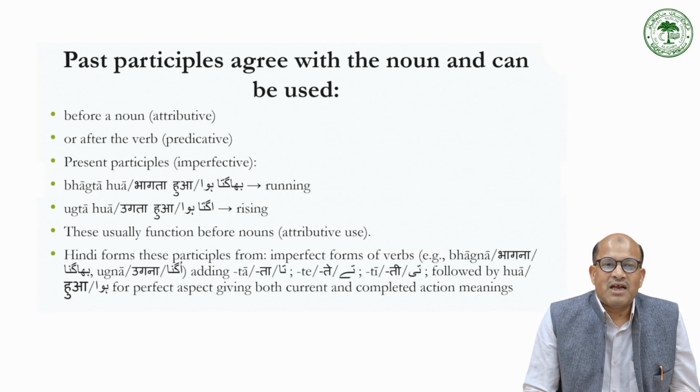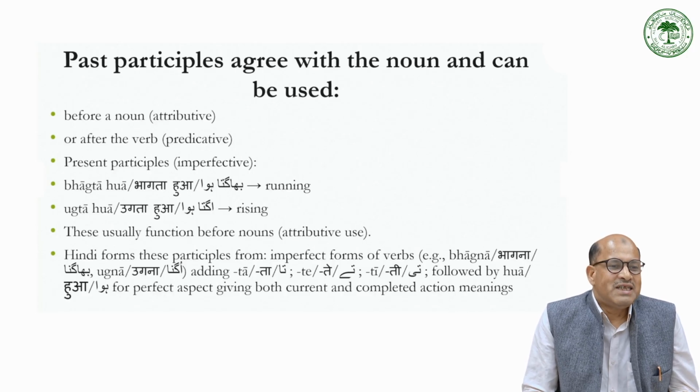Past participles agree with the noun and can be used before a noun as attributive or after a verb as predicative. Present participle as imperfective: भागता हुआ, running; उगता हुआ, rising. These usually function before nouns.